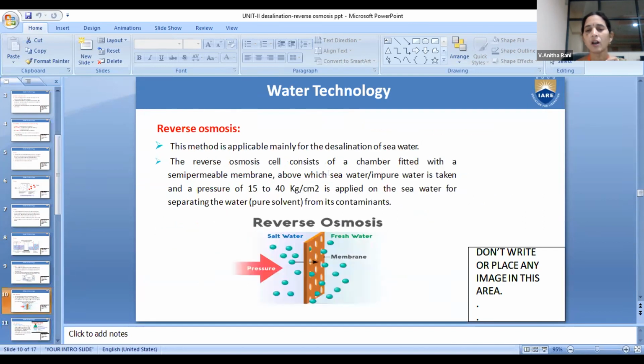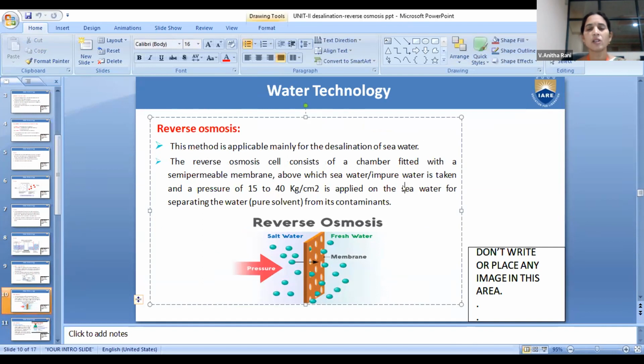Above the semi-permeable membrane, we fill the sea water, also called impure water, and we apply a pressure of 15 to 40 kg per centimeter square on the sea water side, for separating the water, that is the pure solvent, from the contaminants.